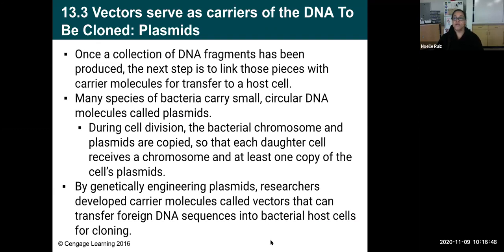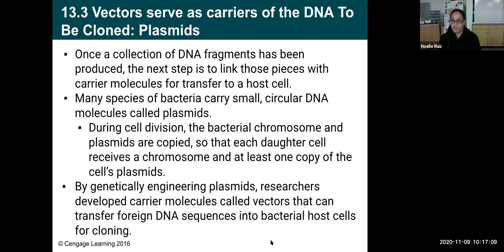Vectors serve as carriers of the DNA to be cloned. These are plasmids. So once a collection of DNA fragments has been produced, the next step is to link those pieces with carrier molecules for transfer to a host cell. Many species of bacteria carry small circular DNA molecules called plasmids.